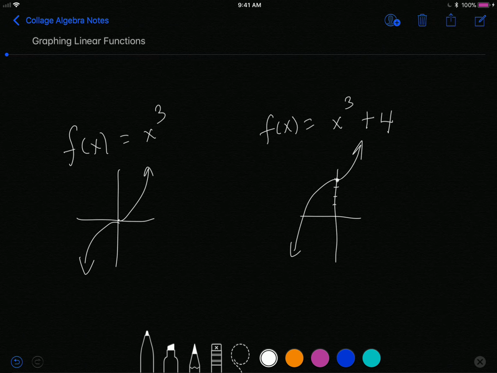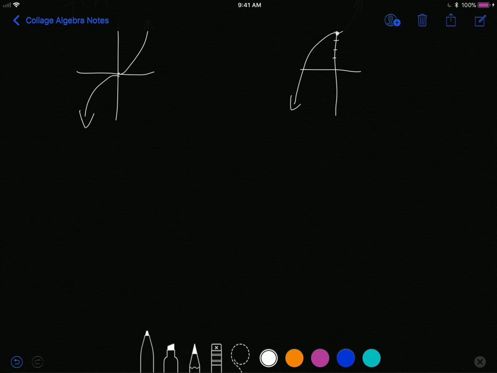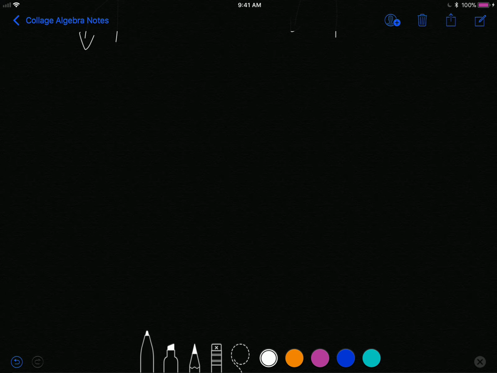On the other hand, if we want to make an accurate representation of the graph, we need to follow some extra steps. So if I go back to f of x equals x squared, this graph has a table of values: -2, -1, 0, 1, 2. We need the table so we can be accurate.